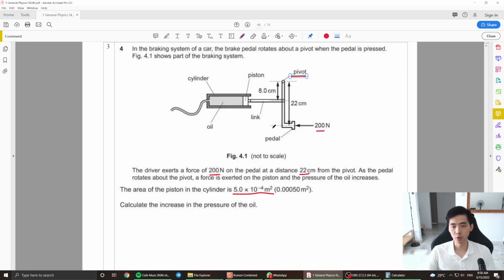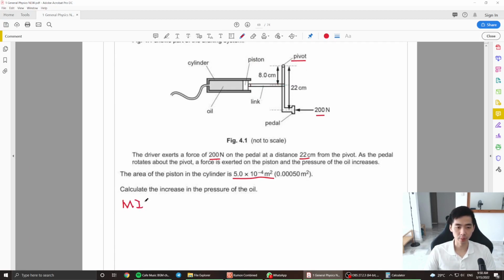Now, first and foremost, we are supposed to find the moments in equilibrium in this question here, because we are supposed to understand that the moment generated by this force here will be equal to the moment generated by this force here. So, moments in equilibrium, yet again, total anti-clockwise moment should be equal to the total clockwise moment.